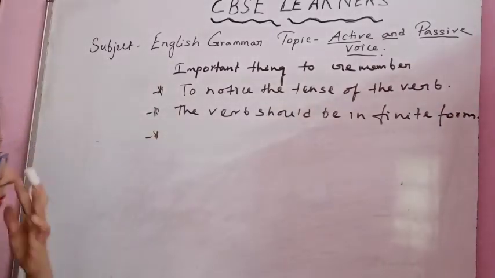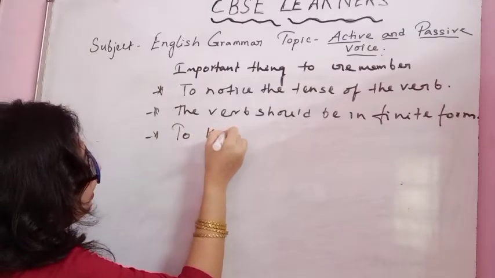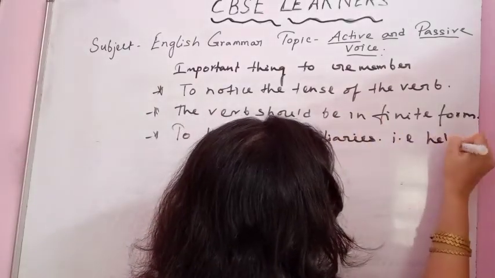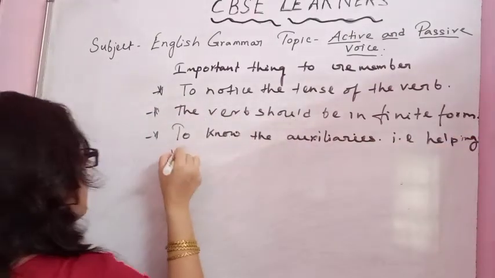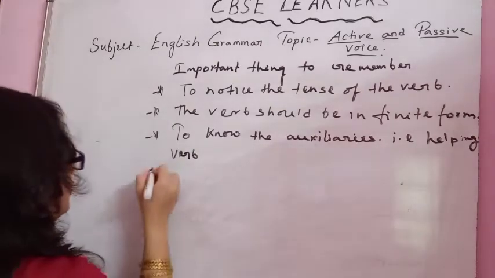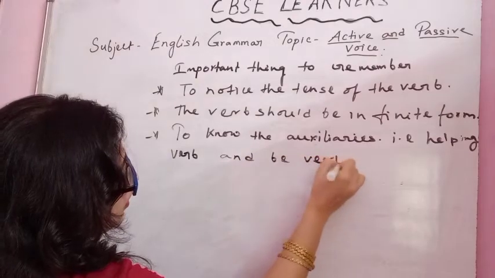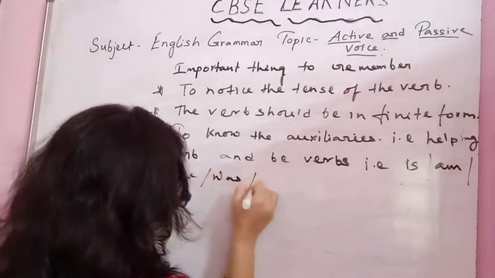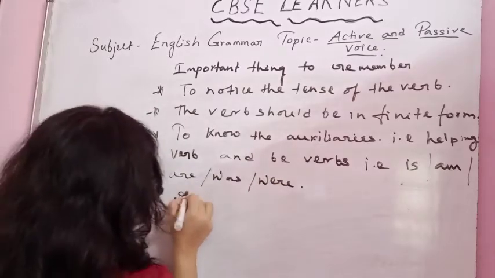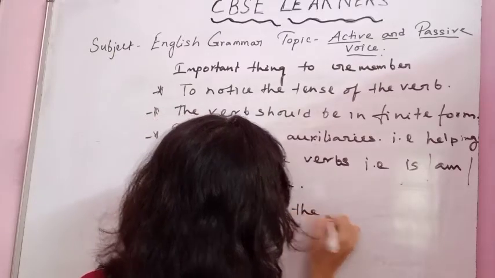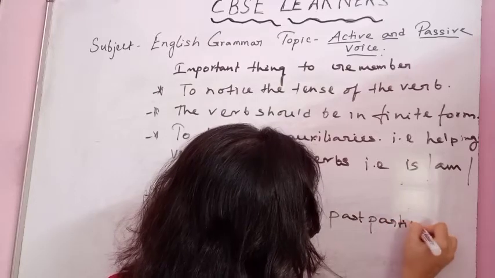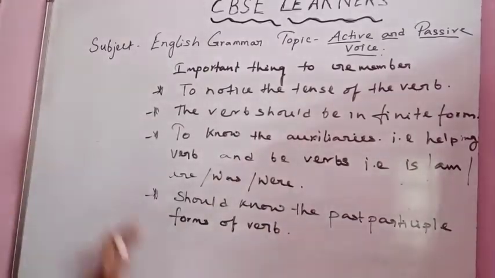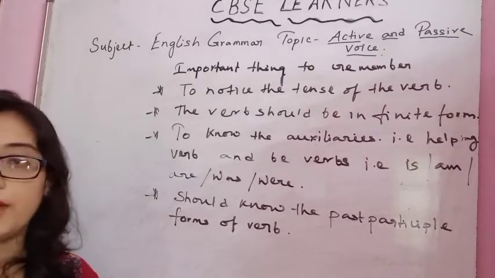Okay, next one will be to know the auxiliaries, that is helping verbs, we need to know this, and be verbs, that is, am, are, was, were. Okay, and should know the past participle forms of verbs. Okay, so these things you should always remember before converting active to passive.